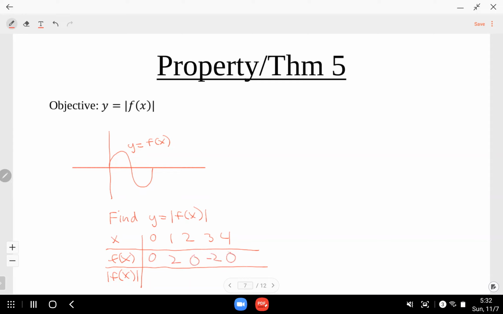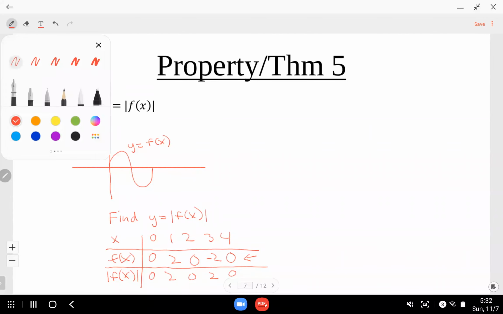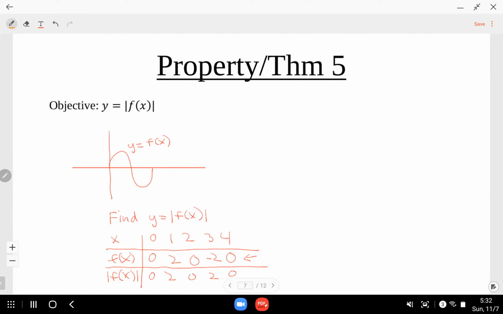So what about the absolute value of f of x? Then we're going to just take the absolute value of each of these. So 0, 2, 0, 2, 0. Now you can kind of see that it's going to be this exact same thing, except it's going to look like this. Like that.